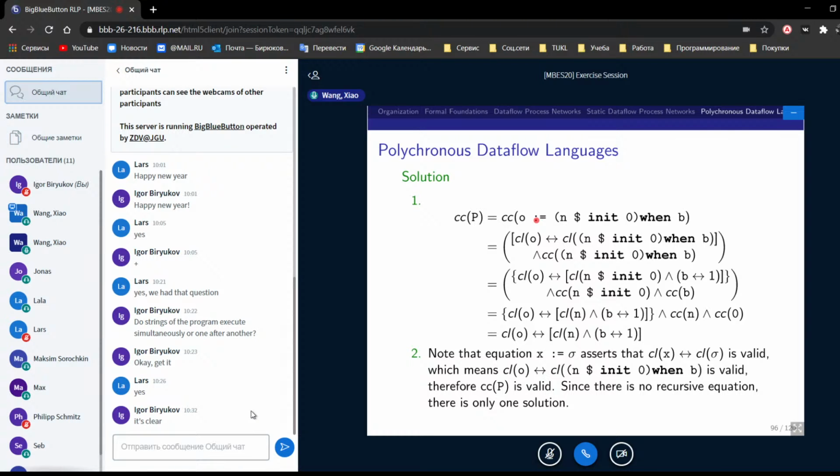After that, the compiler asserts that this is valid, but only for this operator here, because the clock on the right-hand side should equal the clock on the left-hand side.